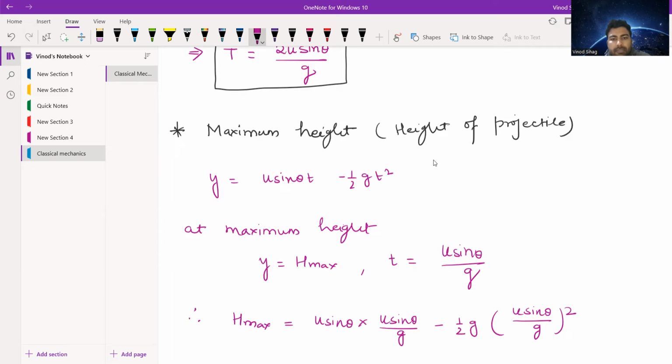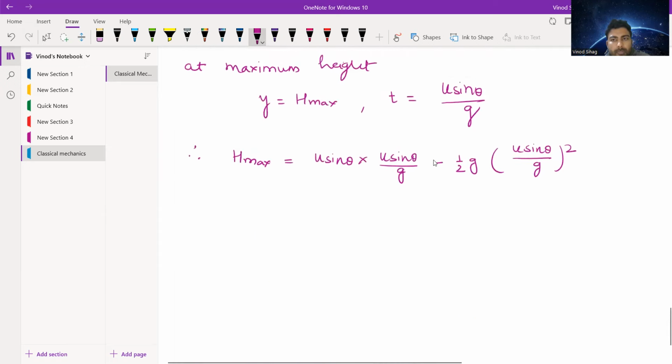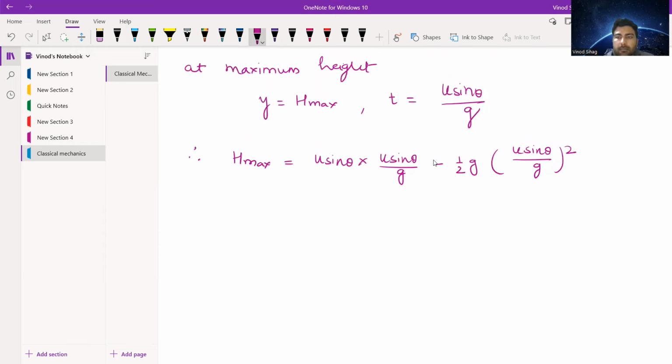So the equation will become h maximum equals u sine theta into u sine theta, which is u square sine square theta upon g, minus g into u square sine square theta upon 2 g square.